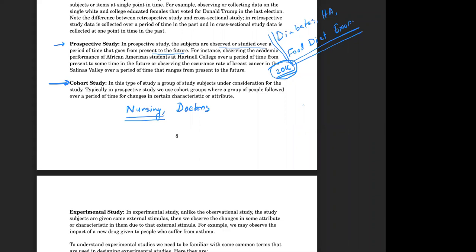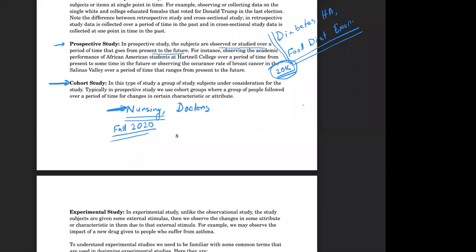If you are entering a nursing class, say the students that entered the nursing program in fall 2020, this group is going to take the exact same classes over the next 2 years, because it's a very rigorous program.